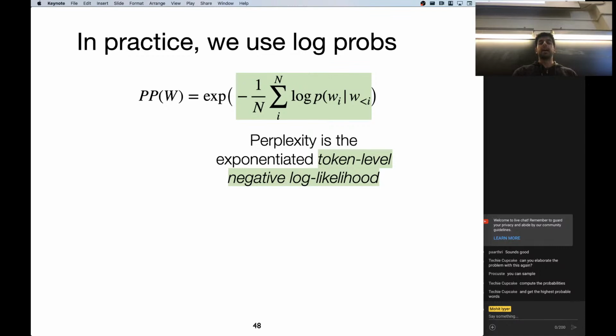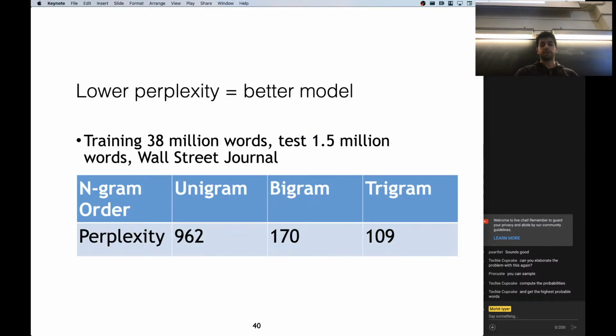But if you're training a language model, or any sort of classifier, and you have experience in machine learning, you're probably using the negative log likelihood as your training loss. And the perplexity is just that loss exponentiated. So it's quite straightforward to compute given what your language model is already outputting.